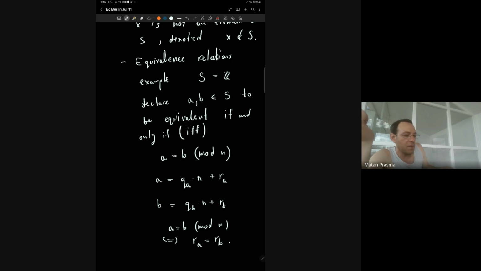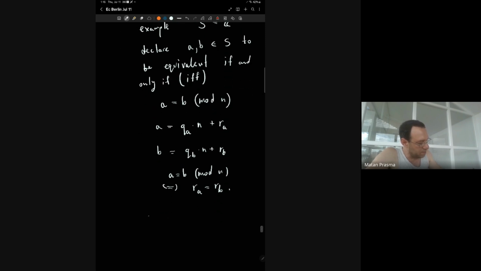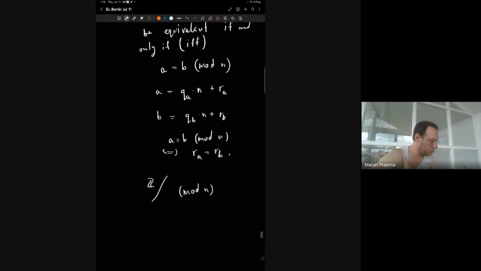So if N is equal to 2, I don't care if you talk to me about 2 or about 4 or about 6. They're all equivalent modulo 2. So when I contract this equivalence, what I get, the integers contracted by this modulo N relation, is what is usually denoted as Zn.